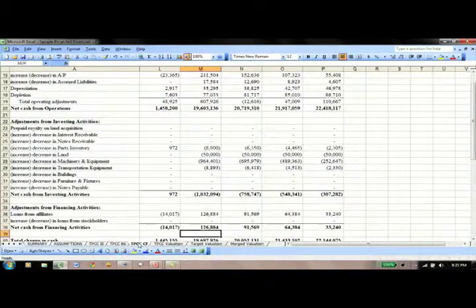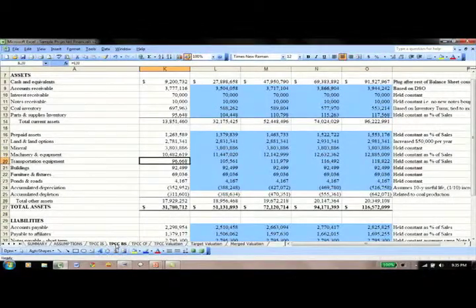Now, from a financing activities perspective, what it shows is that the loans from affiliates goes up by 126.8 thousand. And if you look at it, it's balance sheet L31 minus K31. So if we go to L31 minus K31, what you see is that the payable to affiliates goes up from 1.379 to 1.506 million.